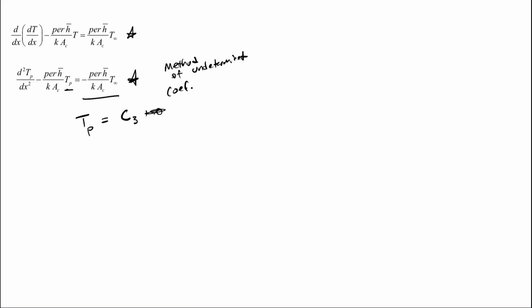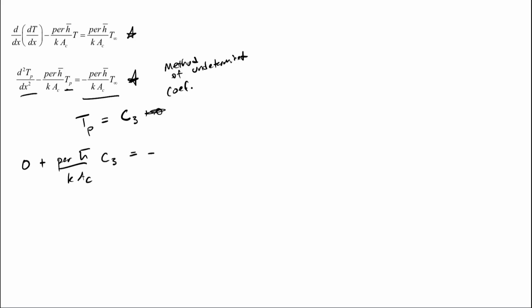So we plug that in. We have the second derivative of a constant, that's 0. So we have 0 plus perimeter times h bar over k AC is equal to my guess, which is C3.